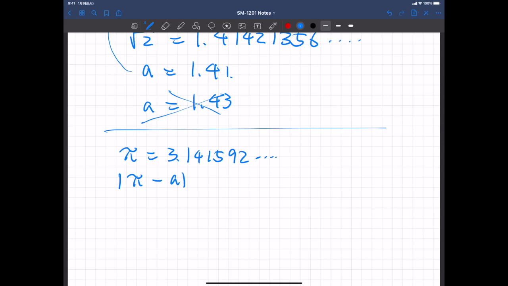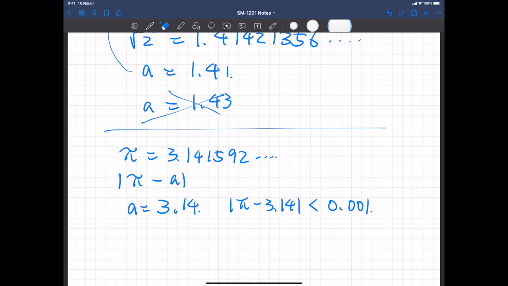If we take a equal to 3.14, then this is not sufficiently small to satisfy epsilon equal to 0.001. So this is not good enough, but this is good enough if epsilon is 0.002.